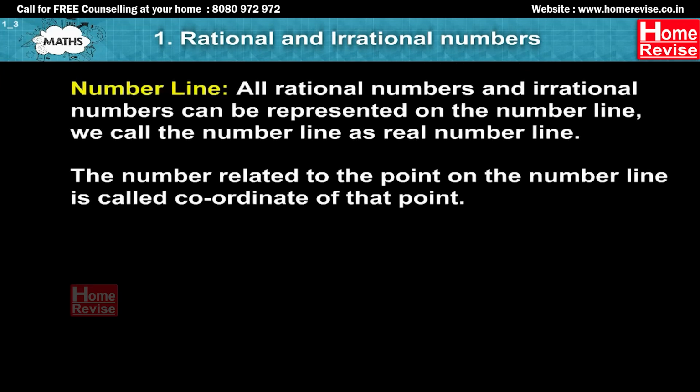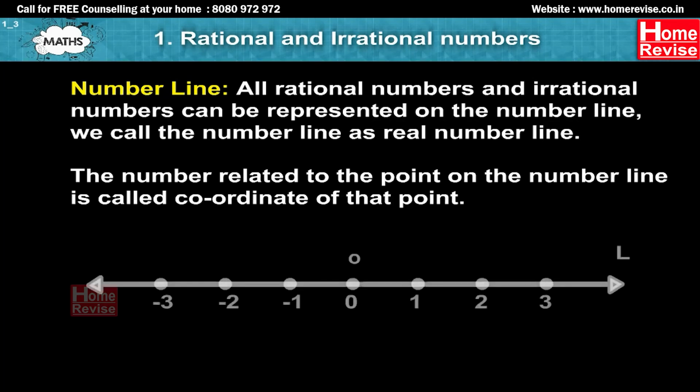Number line: all rational numbers and irrational numbers can be represented on the number line. We call the number line as real number line. The number related to the point on the number line is called the coordinate of that point.